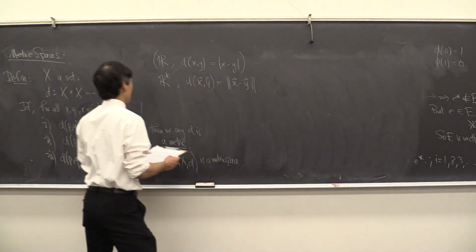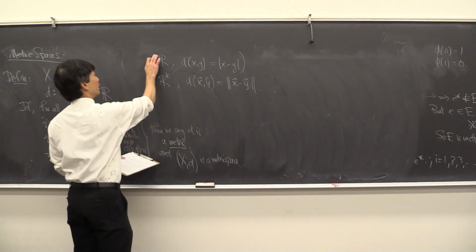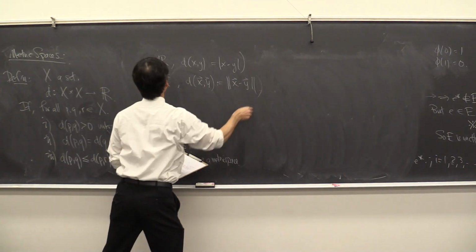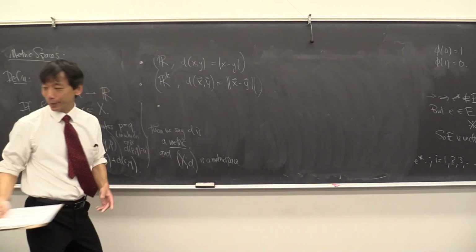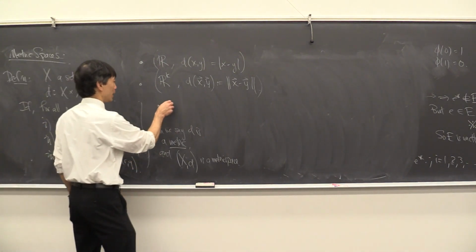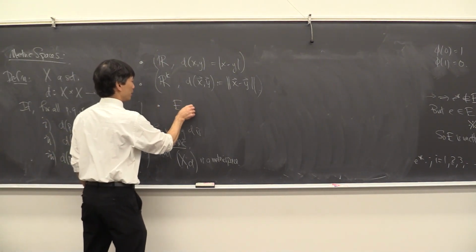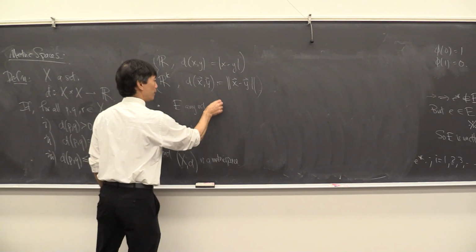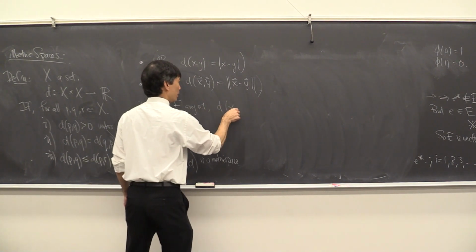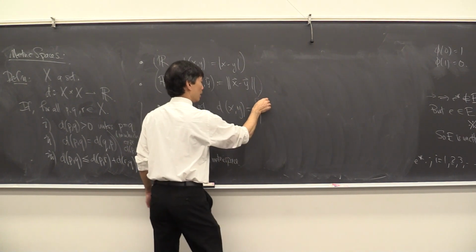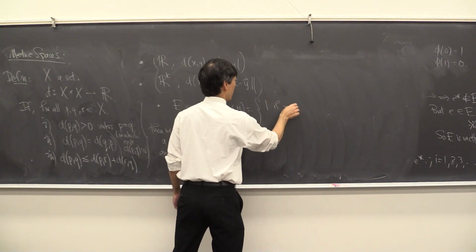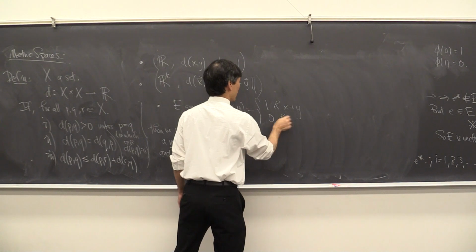One kind of odd one is to take any set E, any set, and define D(x, y) as 1 if x is not equal to y, and 0 if x equals y.